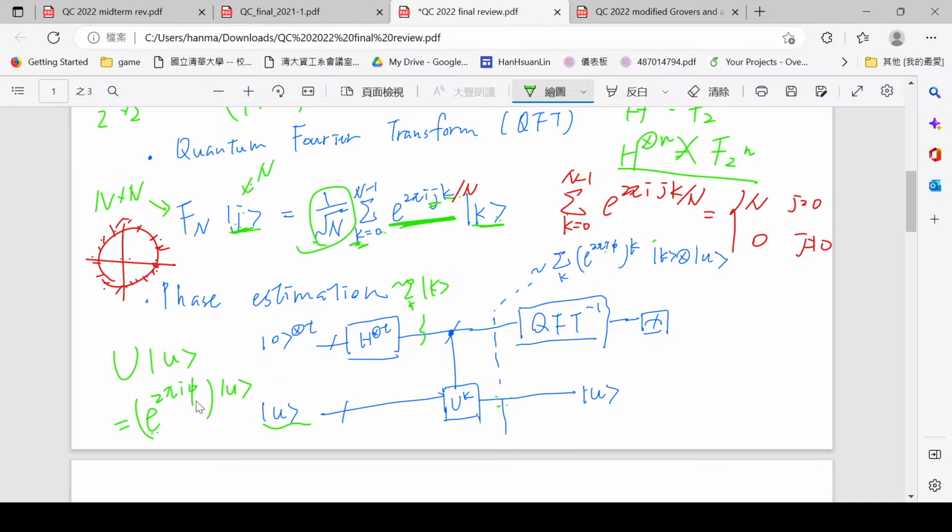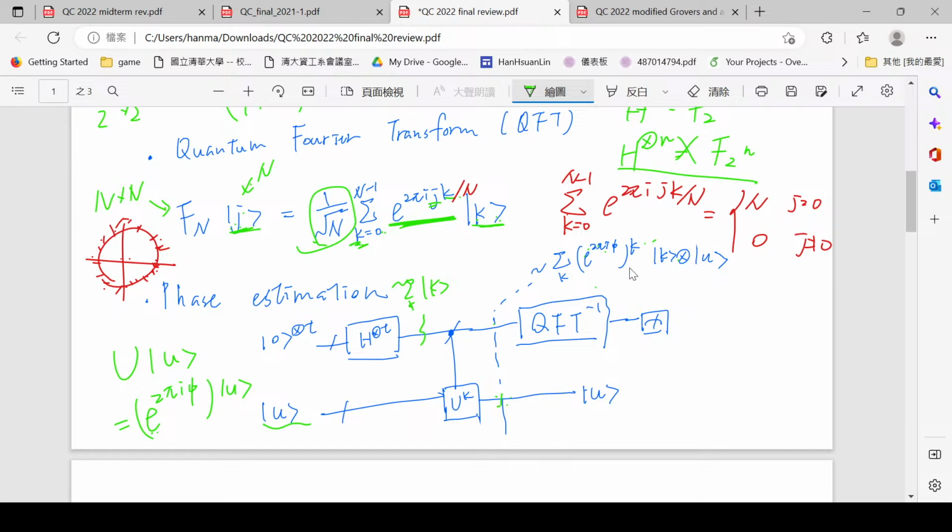So the lower part always stays u because you can just collect all the phase on the upper part, and the upper part becomes this summation over k of e to the 2 pi i phi k.